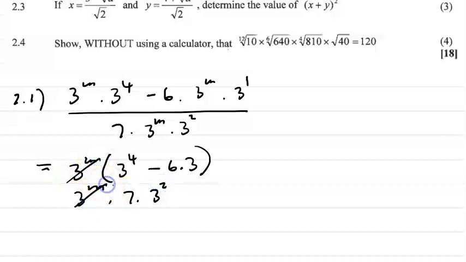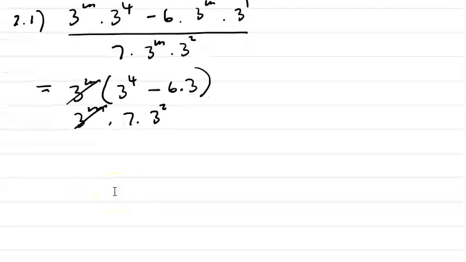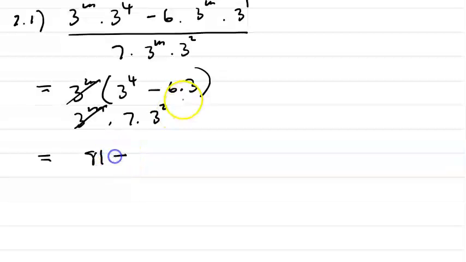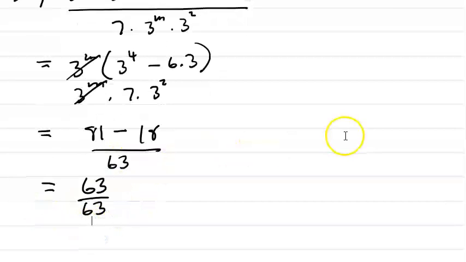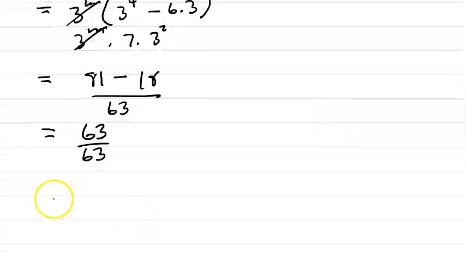So 3 to the m cancels with 3 to the m, and we're left with 3 to the 4 minus 6 times 3. 3 to the 4 equals 81, minus 6 times 3 is 18, all over 7 times 3 squared. 3 squared is 9, times 7 is 63. 81 minus 18 gives us 63 all over 63, which equals 1. So our answer in this question is 1.